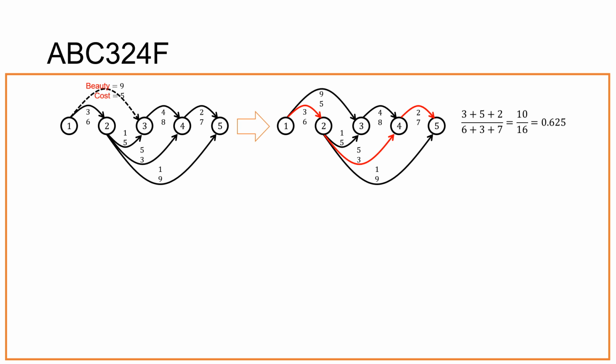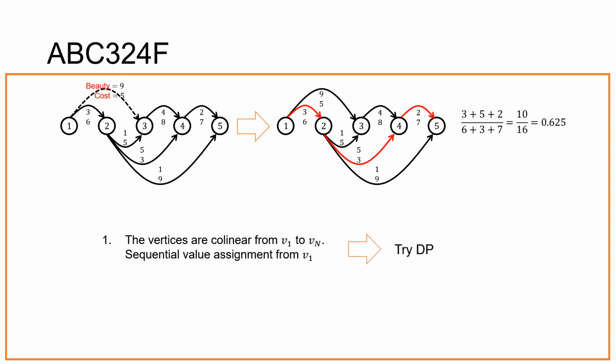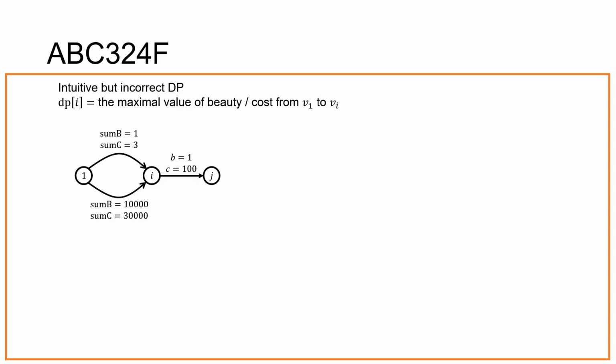Every edge is directed from a smaller vertex to a larger vertex, so the vertices are collinear, and also we don't need to think about the way to return. Hence, we want to use DP. This is the first idea. Well, what values should we manage in DP? This is a bit difficult question.